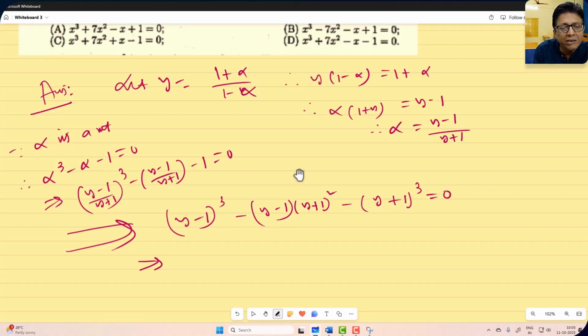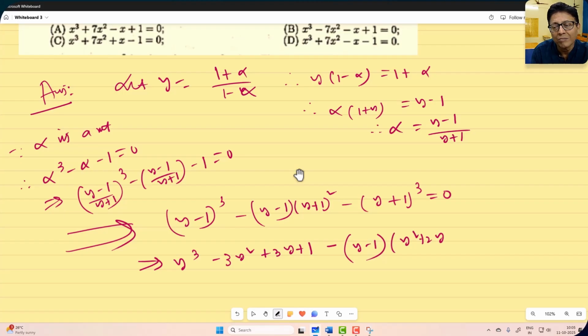Just simplify it. Y cube minus 3y square plus 3y minus 1, plus (y minus 1)(y square plus 2y plus 1), minus y cube minus 3y square minus 3y minus 1 equal to 0.